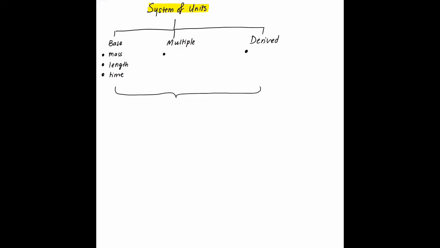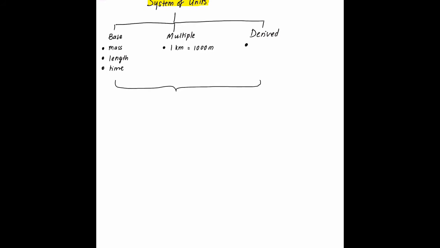Then the second type is multiple units, which are defined as multiples or fractions of base units. So for example, you can have 1 km, which equals 1,000 meters. And I know that 1 km is a multiple of 1 meter.